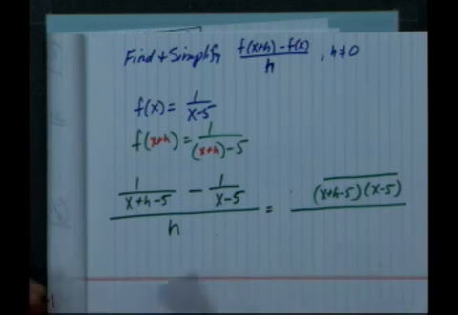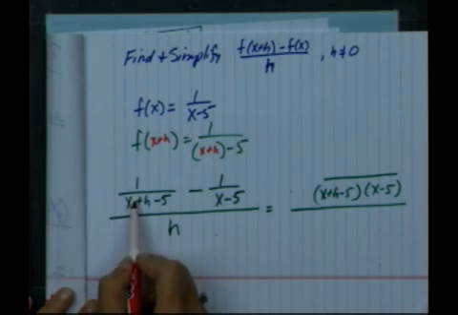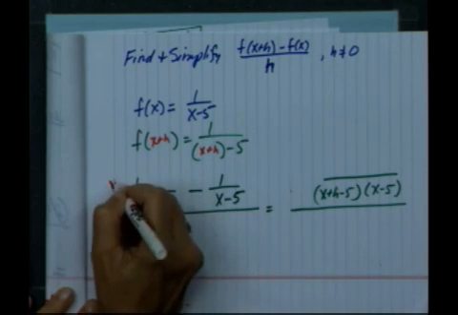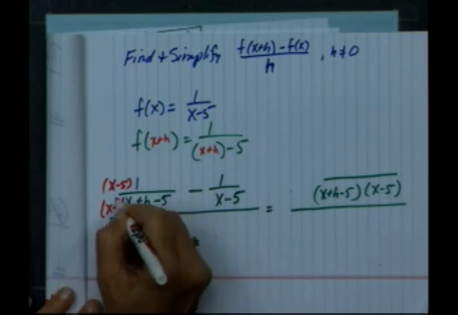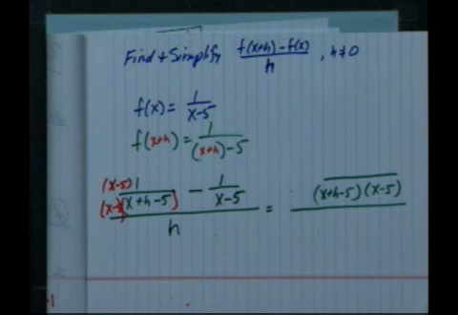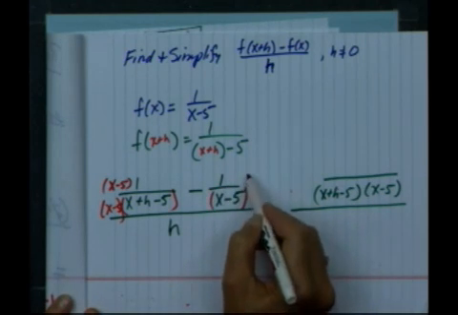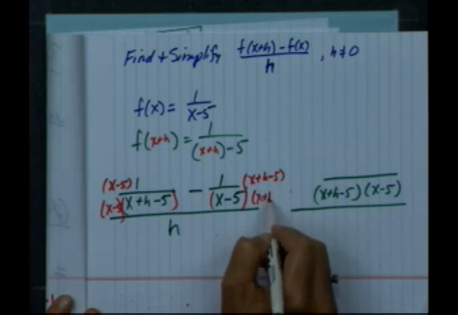All right, what do I need to multiply numerator and denominator by here so that I have this common denominator? X minus 5. So I'm going to do an x minus 5 over x minus 5. And then the second term here, what do I need to multiply it by? X plus h minus 5, correct.